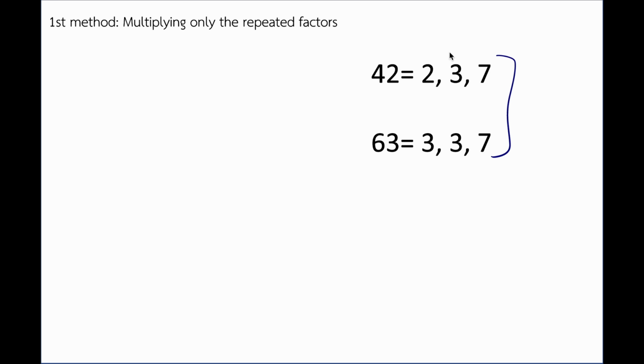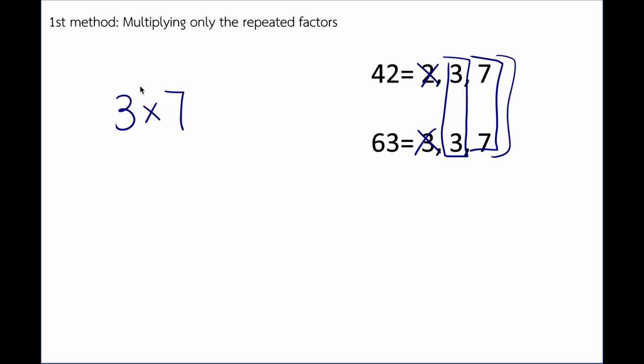So for example, 3 is a repeated factor. We're going to write it down once. And 7 is also repeated, so we're going to write it here. 2 is not repeated. Neither is 3. So our GCF is equal to 3 times 7, which gives us 21. Our GCF for 42 and 63 was 21.